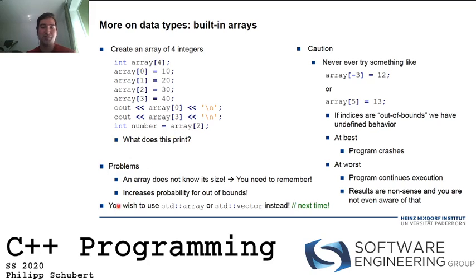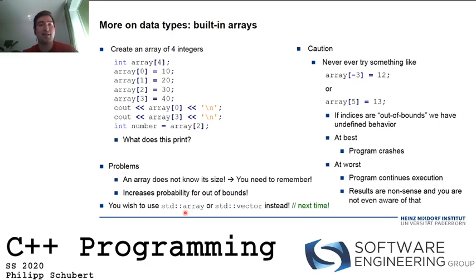What you usually wish to do, if you program in C++, is not use a built-in array anymore. What you would rather use is a std array, which is an STL data type. It's not a built-in data type, but just a wrapper data type implemented in the STL, the standard template library.